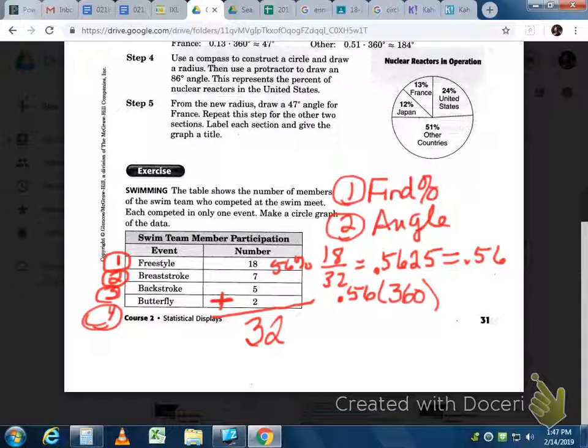So 0.56 times 360 is 201.6, and you round to the nearest degree. So I would say 202 degrees.